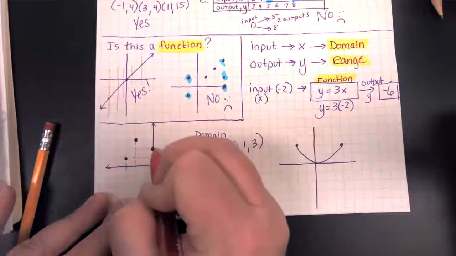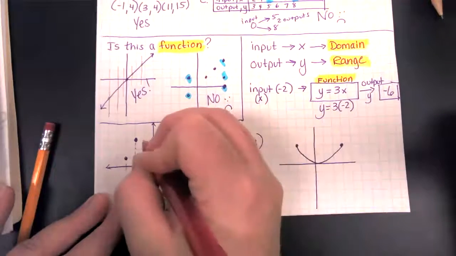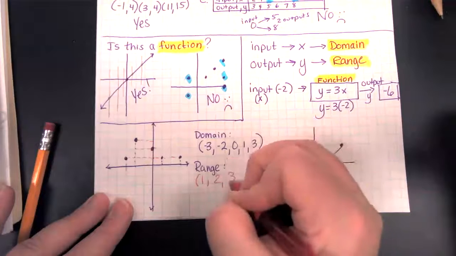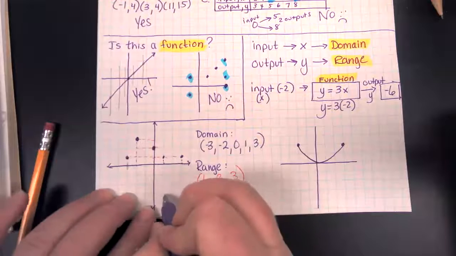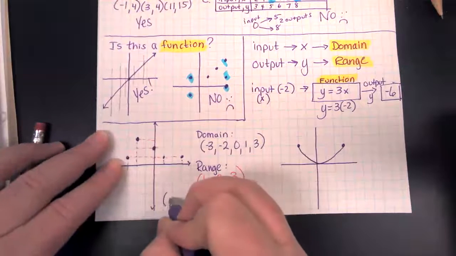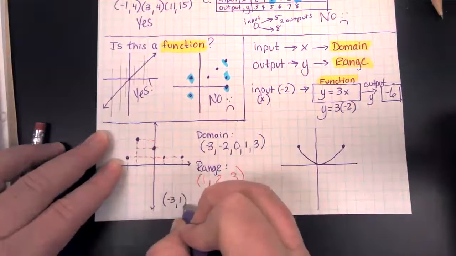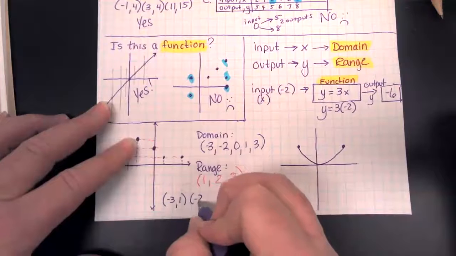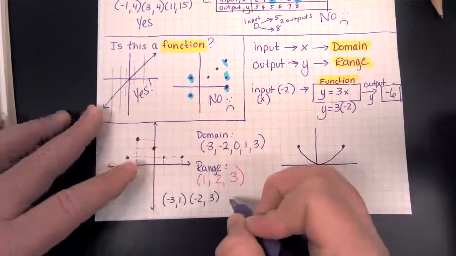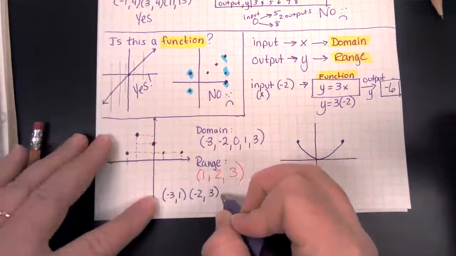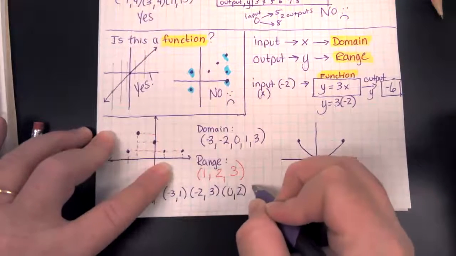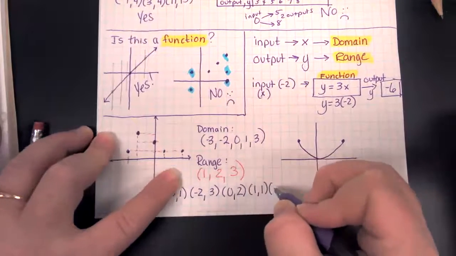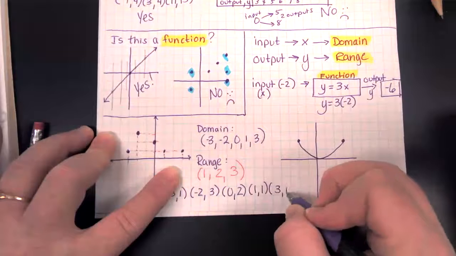How about this one? Oh, that one's 2, and this one is 3. You could also go and write them as points if you want. This is -3, 1. This is -2, 3. Notice I just work from left to right. It's not a big deal. 0, 2, 1, 1, and 3, 1.